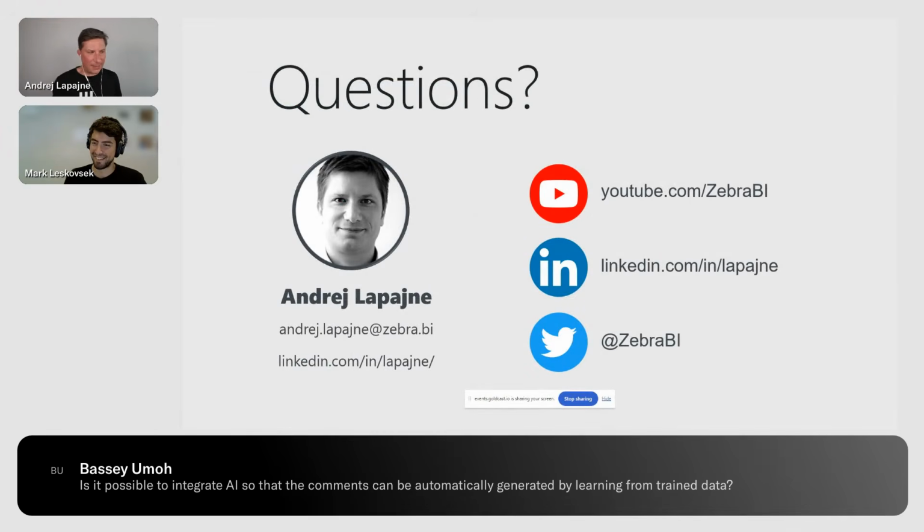Well, first of all, you can do that. The thing is, the most impactful and valuable commentary, the content of that, is unfortunately not in your data, and AI won't be able to write it because simply it is not in any kind of data, right?